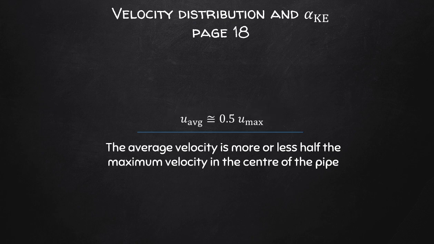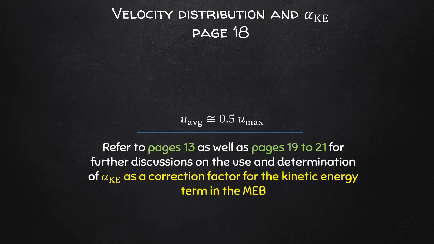We typically take the average velocity to equal half of the maximum velocity at the determined flow rate. So this maximum is usually determined at the center inside a pipeline.